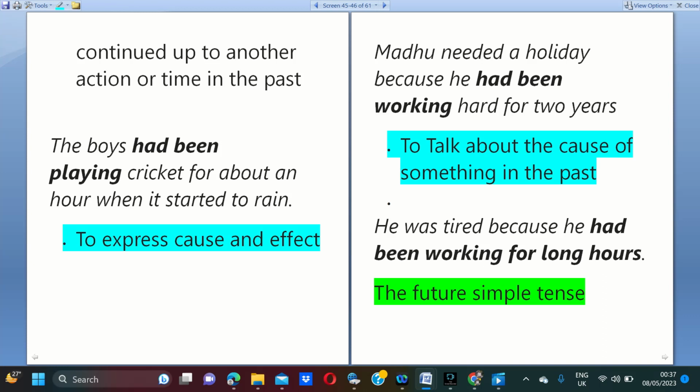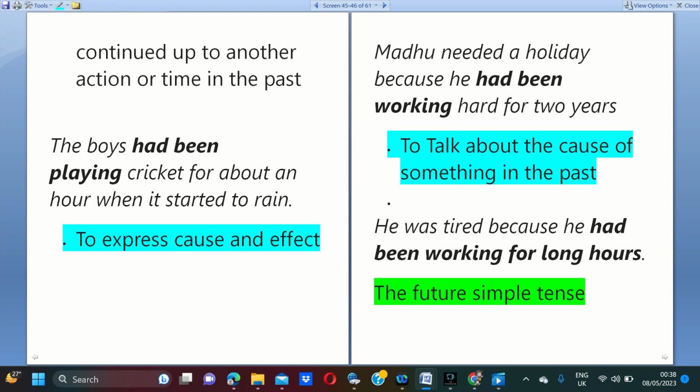Next, to express cause and effect. Madhu needed a holiday because he had been working hard for 2 years. Here, cause and effect: needed a holiday is the effect, had been working is the cause. To express a cause we use the past perfect continuous tense. To tell the effect we use the simple past.